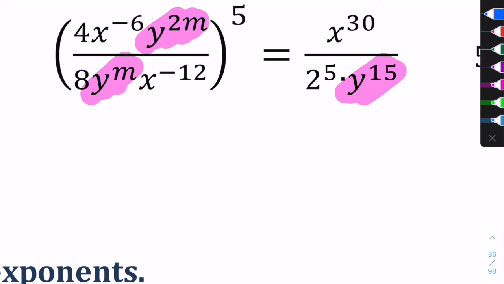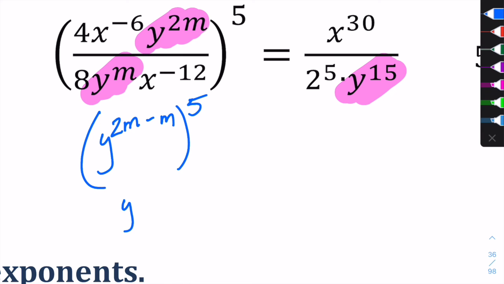So y to the 2m over y to the m, 2m minus m is just m. So we'd really just have, and I can write it out, y to the 2m minus m, just so you can see that there, to the 5th. And on the other side, it's y to the 15th on the bottom. So if we simplify inside first, that's y to the m to the 5th, or y to the 5m.